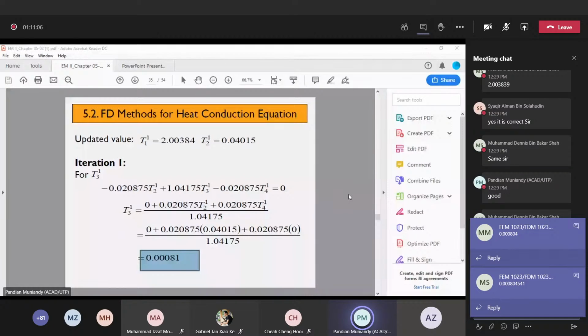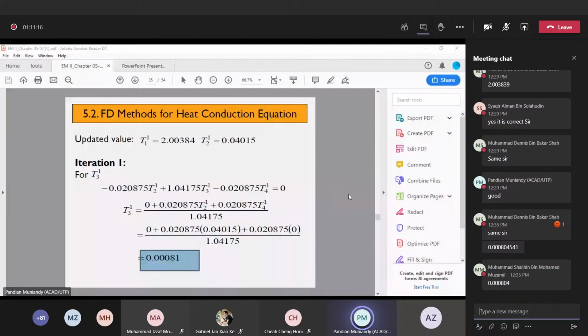There are 6 decimal places, but they want to make it 5 decimal places. 0.0081. Okay, all right. Thank you, Muhammad Shalihin. So we agree, this is 5 decimal places.